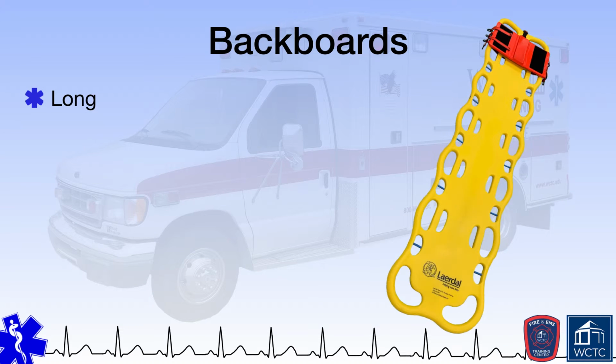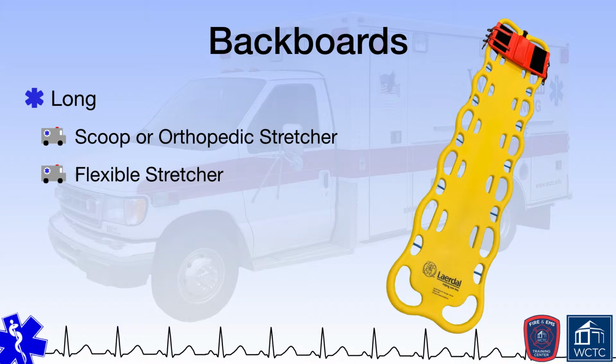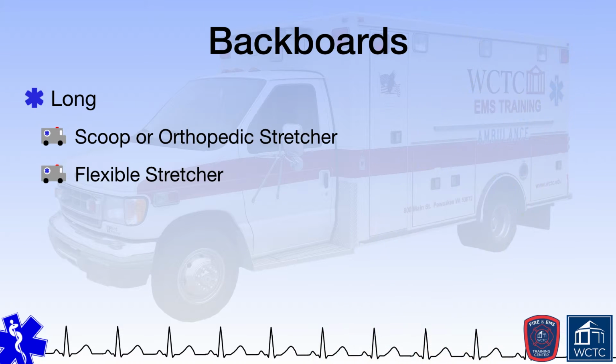Long backboards are typically somewhere in the neighborhood of just over 6 feet in length and are a category of EMS equipment that includes several of the devices we already discussed, like scoop and flexible stretchers. A long backboard is simply a wooden, plastic, or composite board upon which the patient is secured in a supine position for movement.